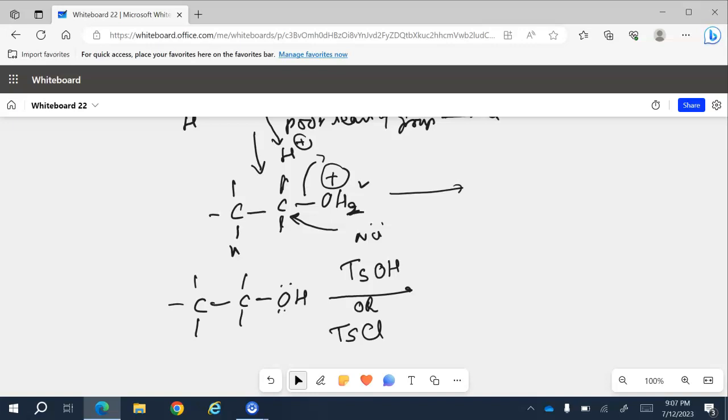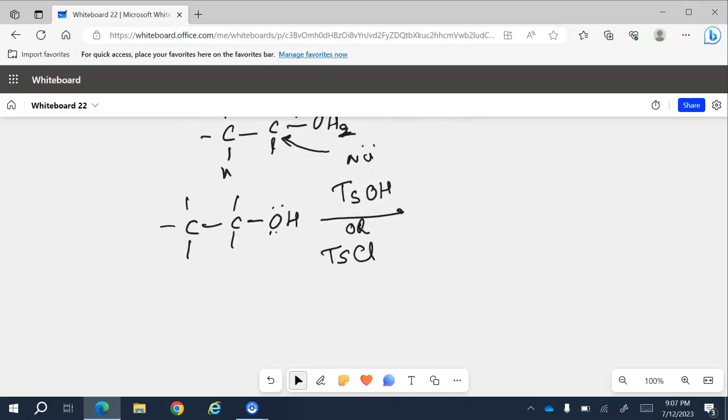Let us try to understand what is TsOH and what is TsCl. TsOH is also called para-toluene sulfonic acid, and the structure looks like this one here.